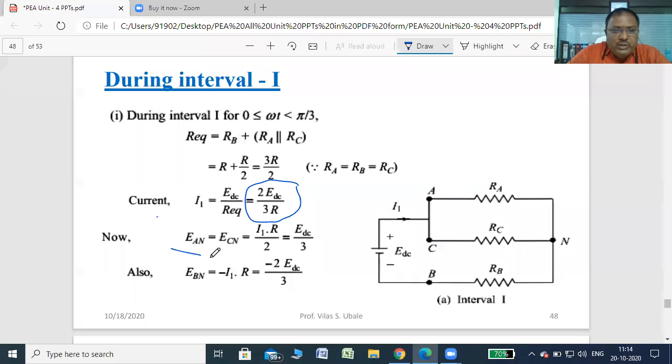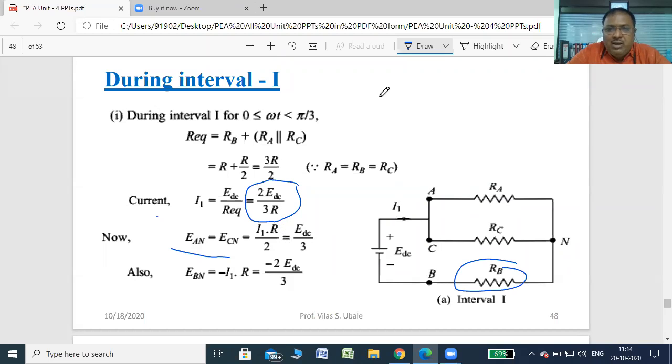Now EAN equals ECN equals I1 into R by 2, that is basically the equivalent resistor, and EBN equals minus I1 into R, only R, or you can say RB. These are the parallel combinations. So EAN equals ECN equals I1 times R by 2.